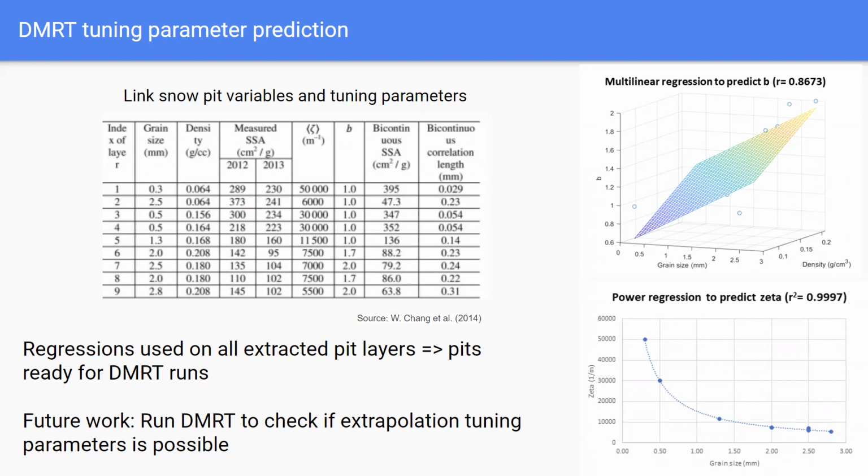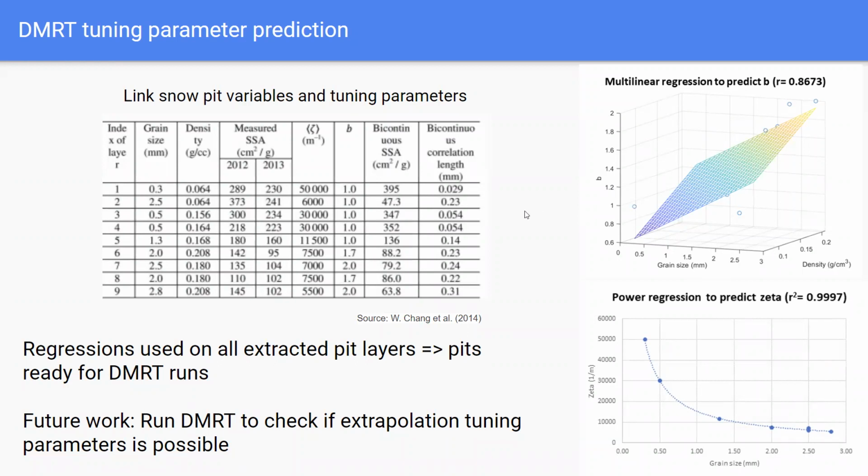As you can see here, we made these regressions. For zeta, we have a power regression using the grain size, and to predict B, we use a multilinear regression from the grain size and the density.